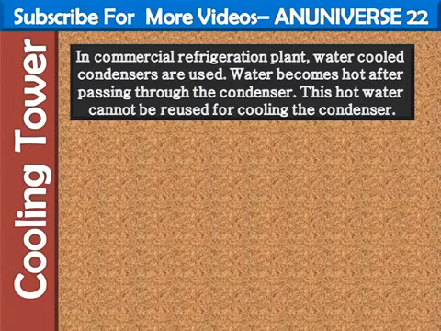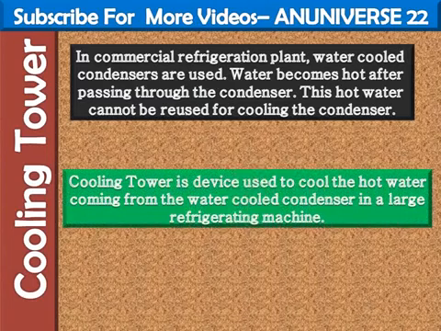Water becomes hot after passing through the condenser, and this hot water cannot be reused for cooling the condenser. So cooling tower is a device used to cool the hot water coming from the water cooled condenser in a large refrigerating machine.